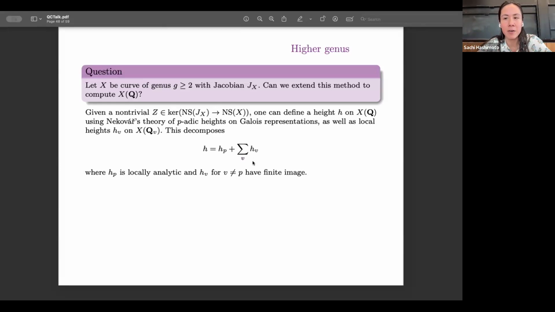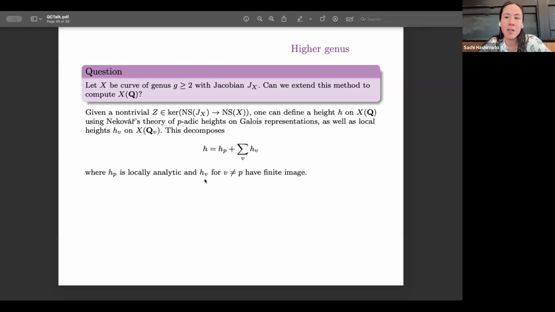duality like we had in the elliptic curve case, where this height h_p is a locally analytic function, so it's given by a power series on each residue disk, and the local heights away from p have finite image. So in particular, when v is a prime of good reduction, it's just equal to 0.